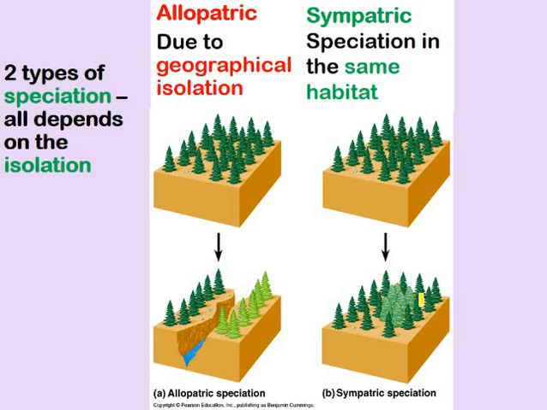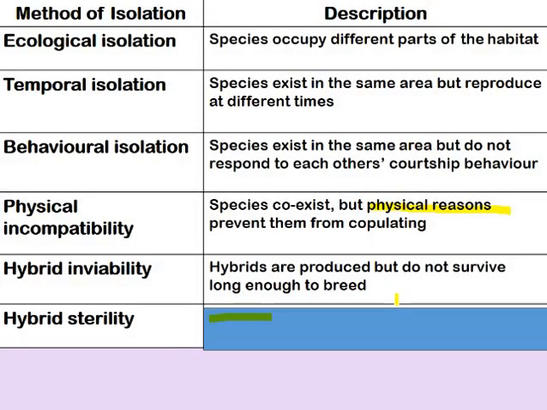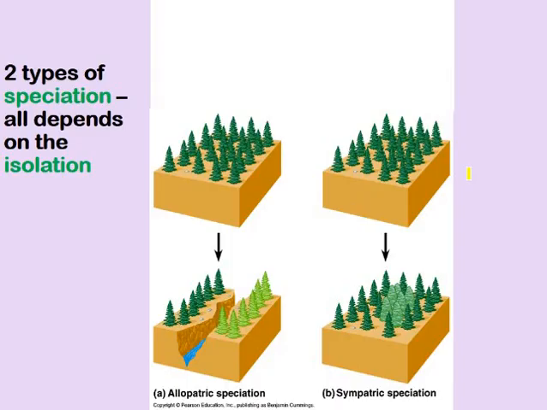That could be something like time of mating, it could be something like the courtship changes, it could be mating at different times. It could be that they are just in different parts of the same habitat.